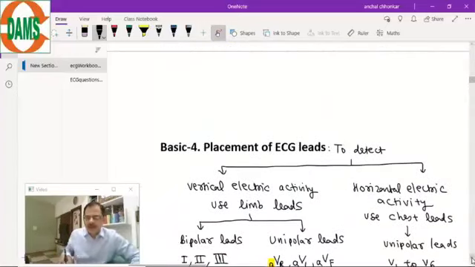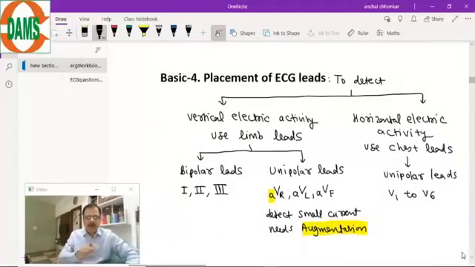Then this is just the nomenclature. I have not explained anything; I have just given you the nomenclature, which is the placement of the ECG leads.